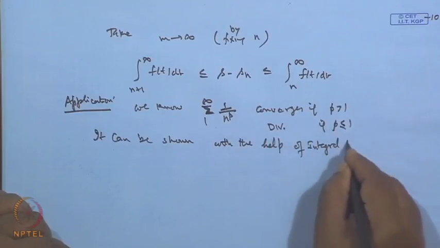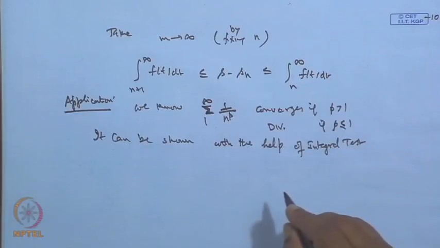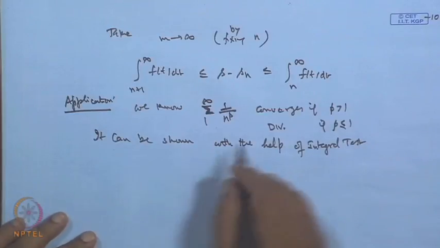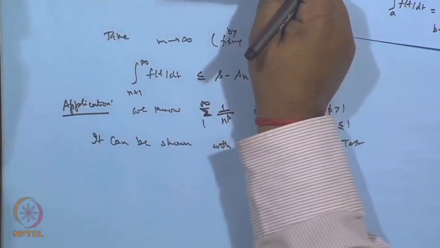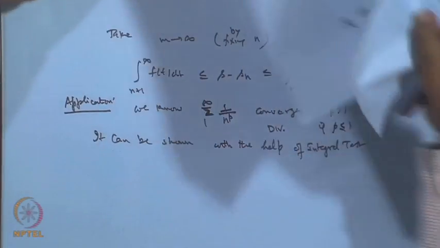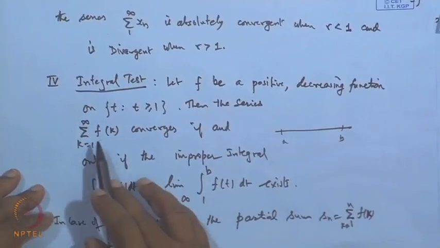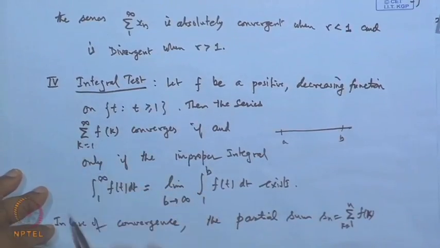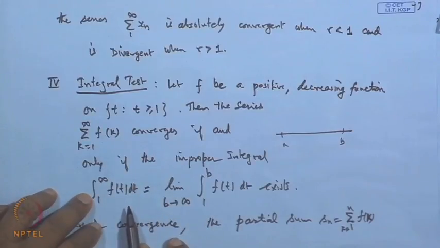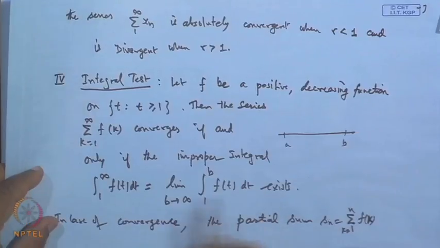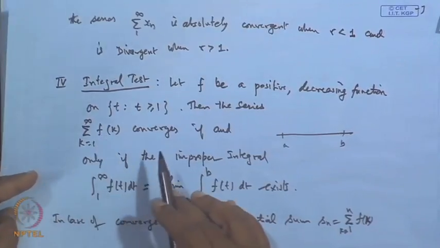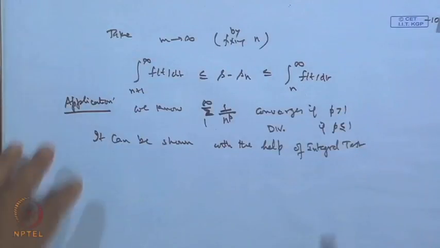How? Let us consider what the integral test says. If you look at the integral test, it says that if you want to find the nature of this series, write down the corresponding integral of f(t), and if the limit of this exists, then the corresponding series will converge. So, this will be taken like this.